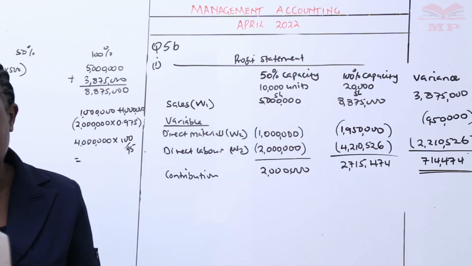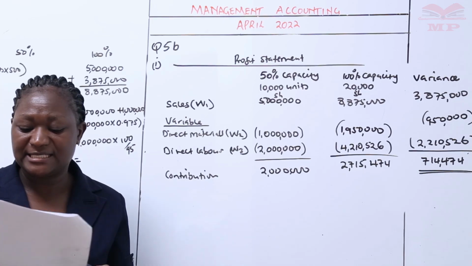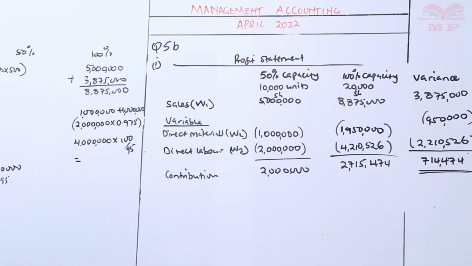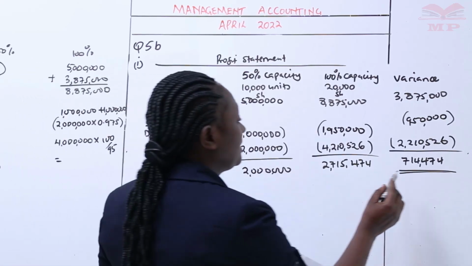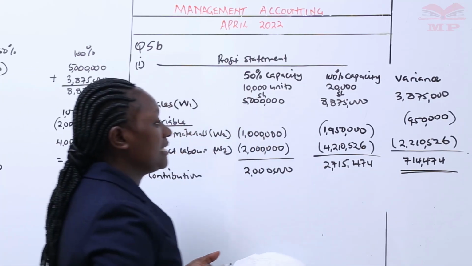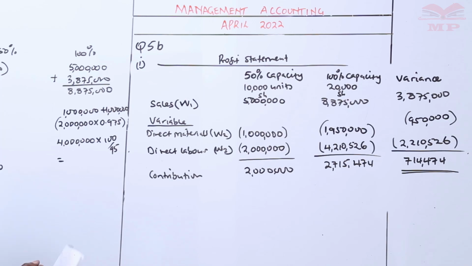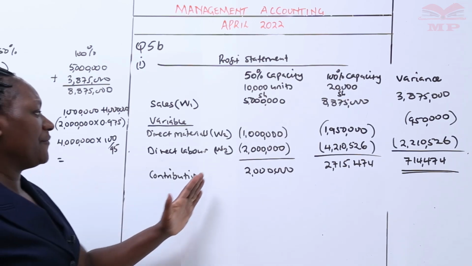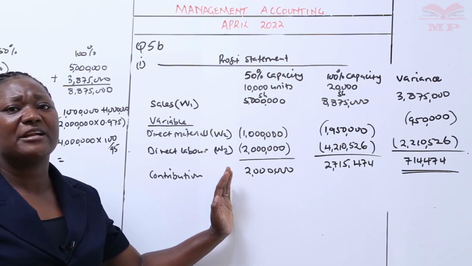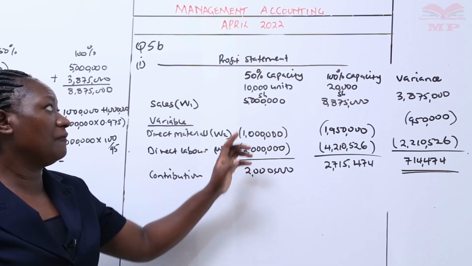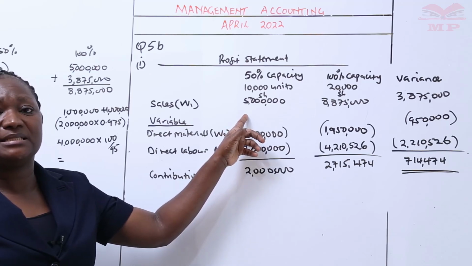So the question was: prepare a statement showing the variation of net profits resulting from the acceptance of the order. So what is the variation? The variation of the profit is 714,474. Why have we left out the fixed costs? The fixed costs have been ignored because they have already been taken care of at 50% capacity.